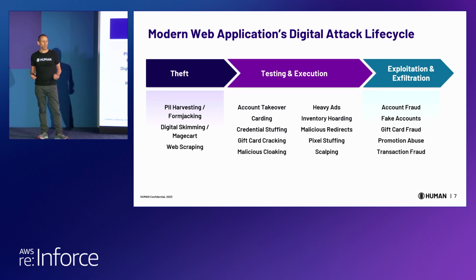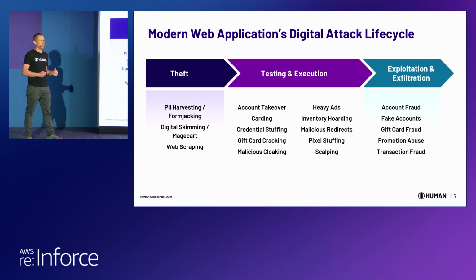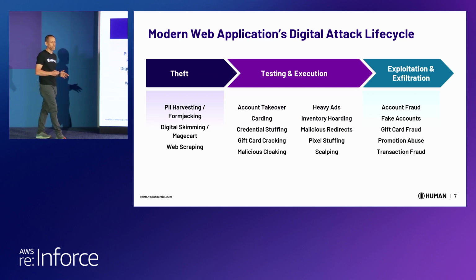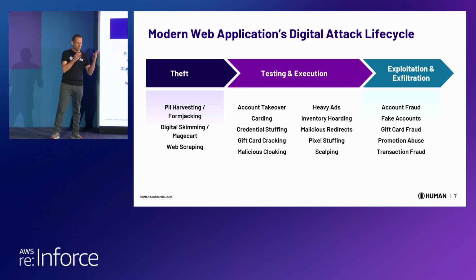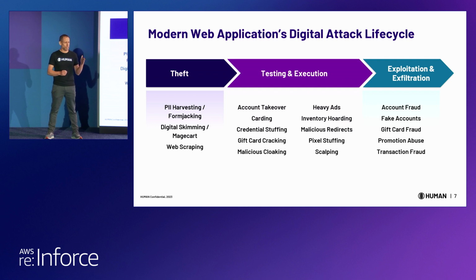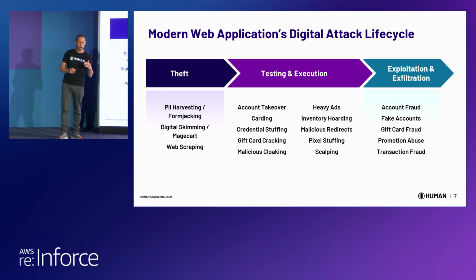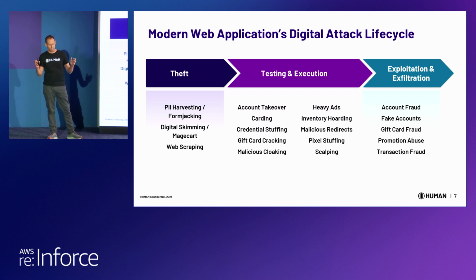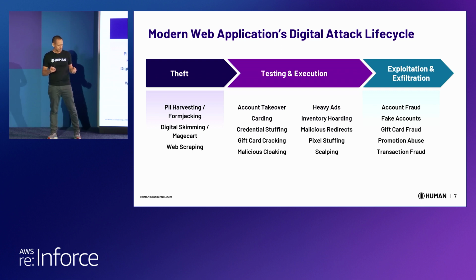Which leads to really what Human Security does, and that's understanding the digital attack lifecycle. What do attackers do on your website to harm you or your users, right? And that starts with theft of anything like credentials, credit card information, or just scraping your product catalog and your pricing.